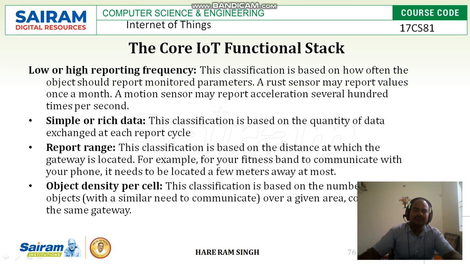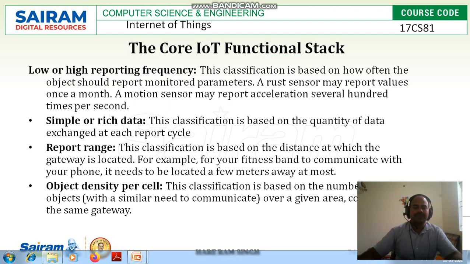Then report range. This classification is based on the distance at which the gateway is located. For example, for your fitness band to communicate with your phone, it needs to be located a few meters away at the most. So some objects can be located how far from the receiver or gateway, like 1 meter distance, 2 meter distance, 3 meter distance, like that.